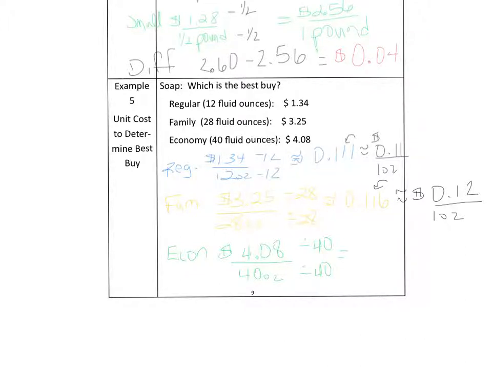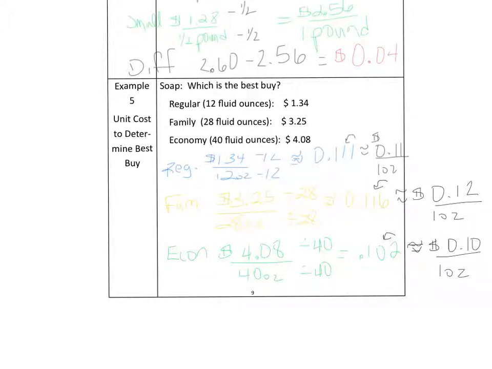So we get 4.08 divided by 40 is equal to 0.102, and the 2 makes the 0 stay the same. So we end up with about 10 cents for 1 ounce.